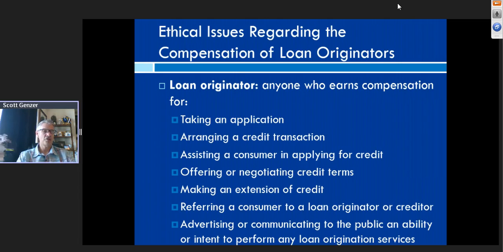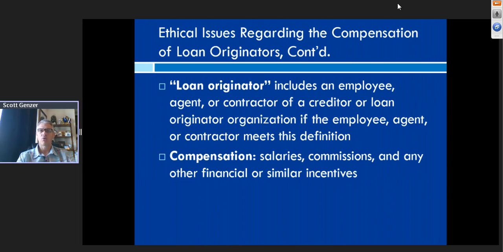Taking an application, arranging credit, making extension credit, referring your credit to, etc. So anything we do that has to do with being a loan officer says you're a loan originator and you are covered under LO compensation rule, which means you're an employee, agent, or contractor of a creditor or a LOO, a loan originator organization, if you meet the previous definition. And nothing can affect your compensation, such as terms of a loan.